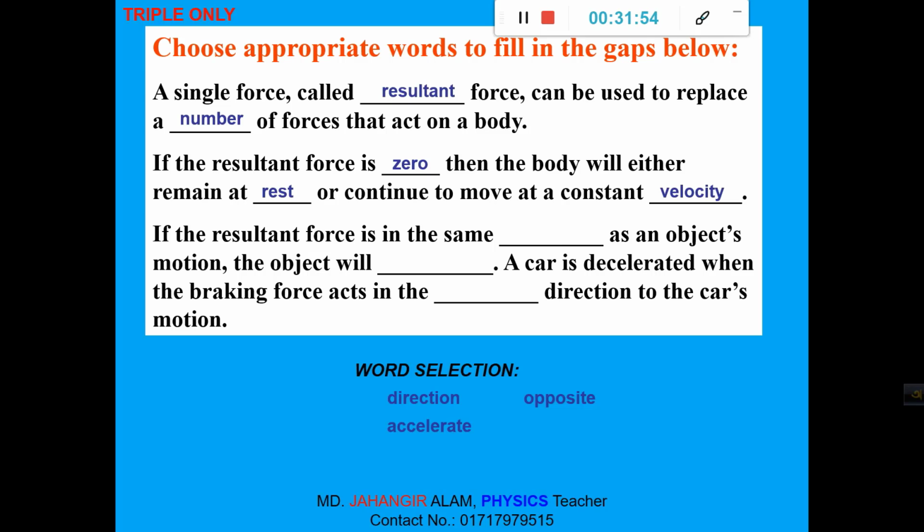Very important. If the resultant force is the same direction as the object's motion, the object will accelerate. A car is decelerated when the braking force acts in the opposite direction to the car's motion.